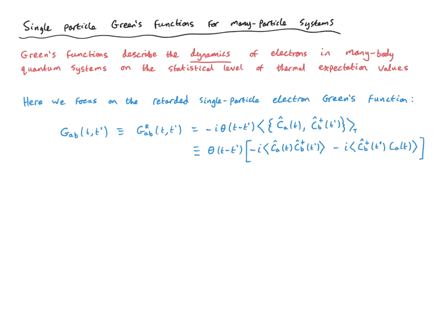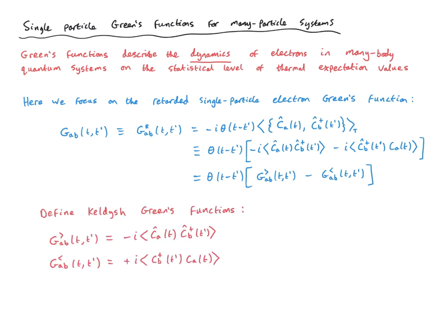And of course in quantum mechanics, the order of these operators matters, even more so here because they have different time labels. We will denote each of these two terms as so-called Keldysh Green's functions. We call the first term G greater, and the second one minus G lesser. These are denoted by the greater than sign or the less than sign in the superscript here.